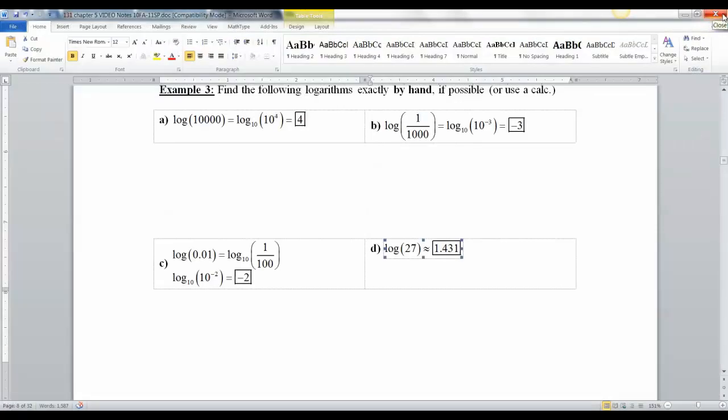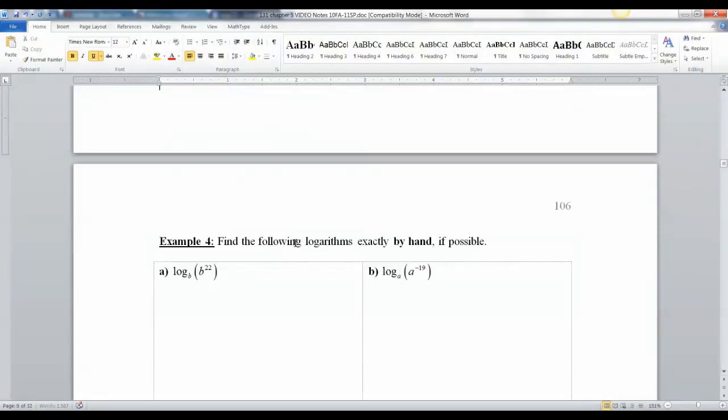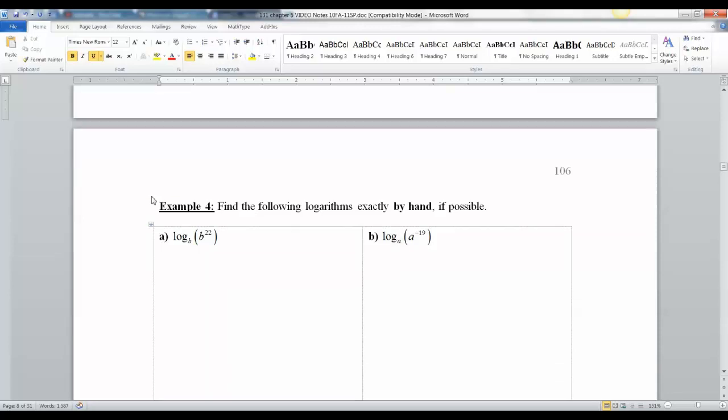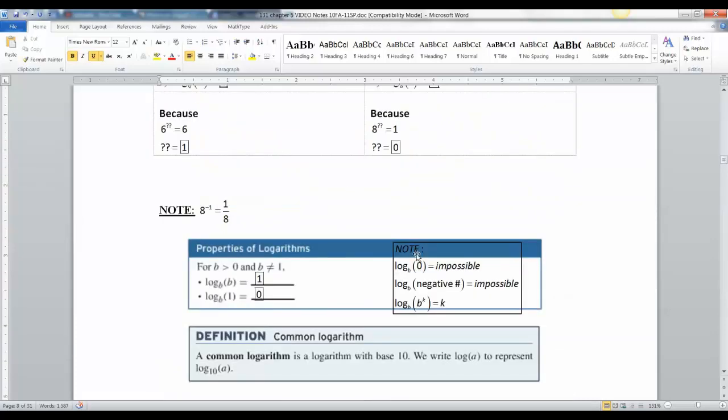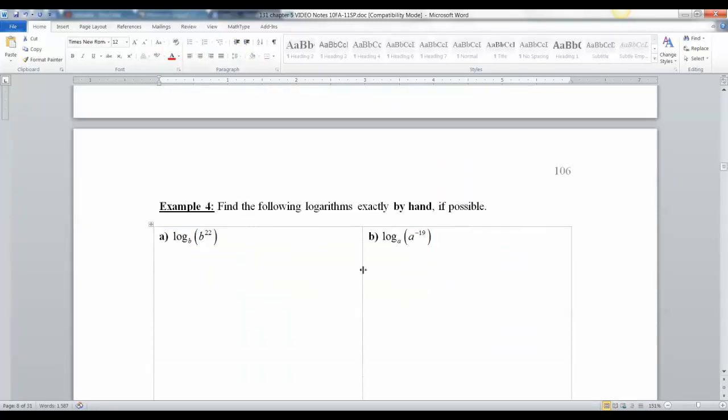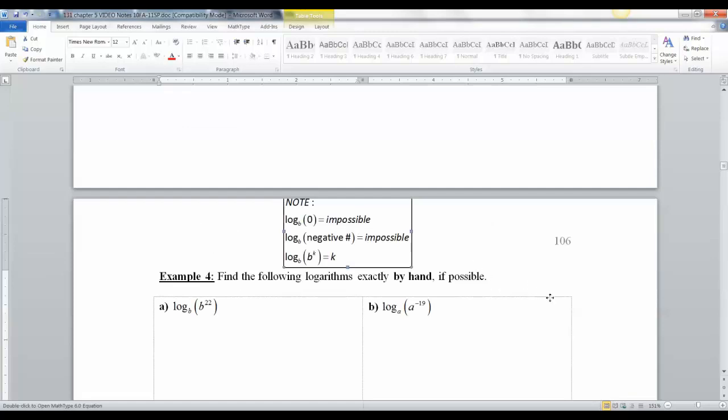All right, now let's move on to the next page, which, unfortunately for you, these are all variable bases, so we're not going to be able to use a calculator to do this. We're going to have to do this with our heads, right? So the log base b of b to the 22, well, remind yourself, that the log base b of b to the k is equal to k. There's that note right there.